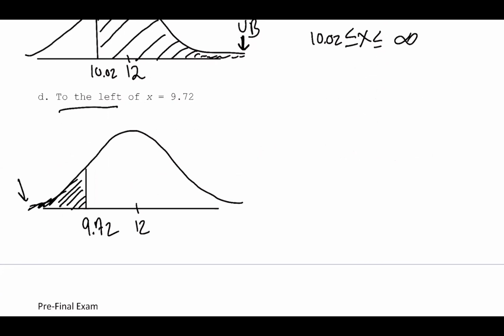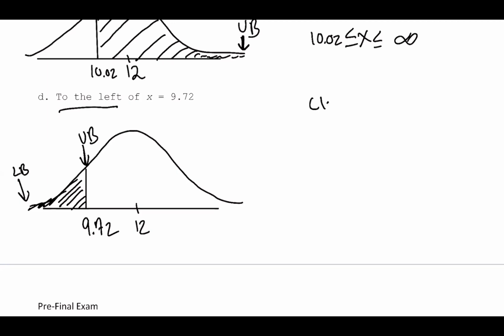My lower bound is over here, my upper bound is over here. The lower bound keeps going and going all the way to negative infinity. My upper bound gets cut off at 9.72.